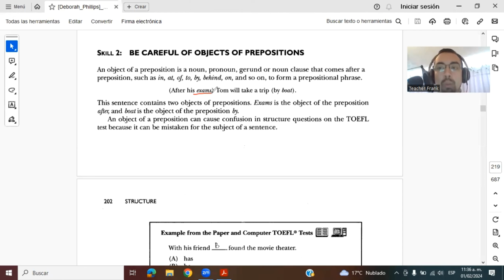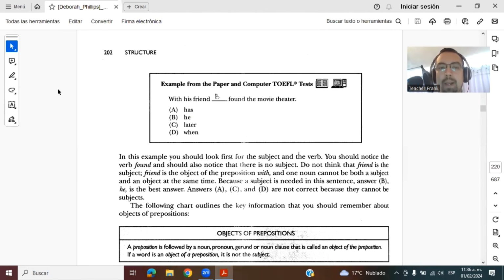Normally, it's first, but if we have an object of preposition, like in this case, after his exams because of the preposition after, then it's not a subject, it's an object, right? Exams is an object, and then we have to look for the subject elsewhere, right? Later on in the sentence. So be careful of objects of preposition, not to confuse them for subjects.